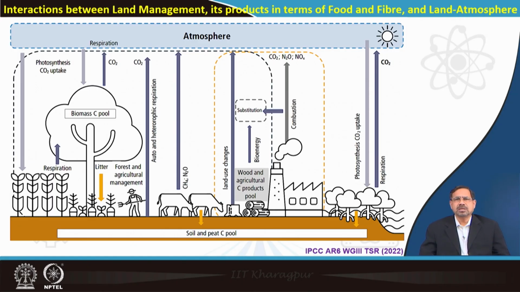Autotrophic is within the plant system, and as far as heterotrophic is concerned, we are including the animals and other activities that release CO2. The animals, as depicted, also release carbon dioxide by the process of respiration.